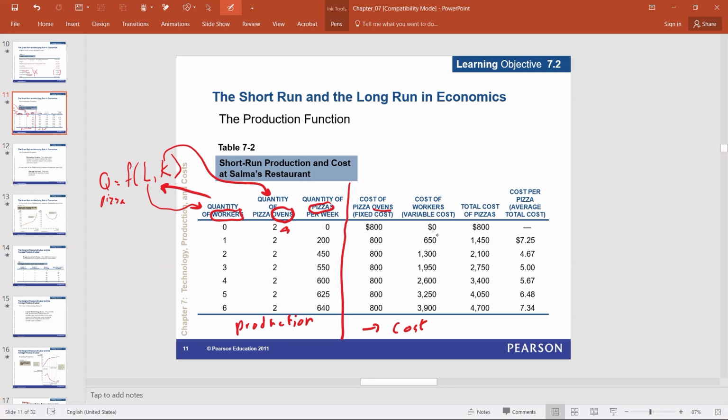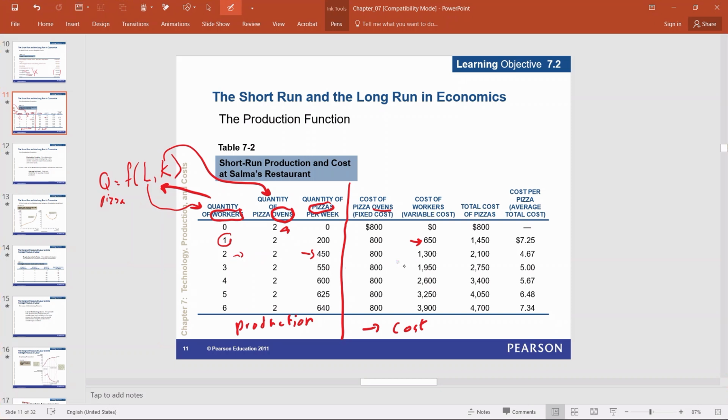But as they produce more pizza, from zero to a positive number, or from 0 to 200 pizza, they need to hire one more worker, and the salary for each worker is $650, and for additional output they have to hire an additional worker.